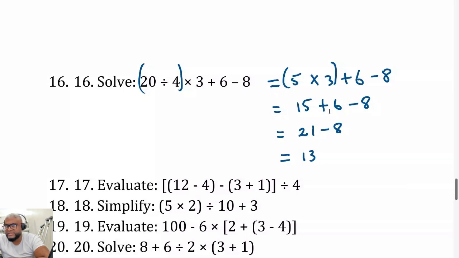Ramo, you get 13? I just followed. Yes, sir. What did you do wrong, Ramo? Sir, I did something else, but I just took down your work. When you say you did something else, what do you mean by that?